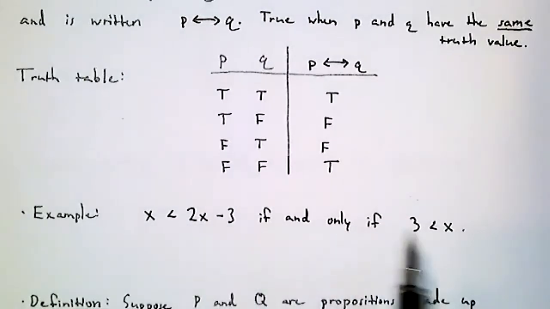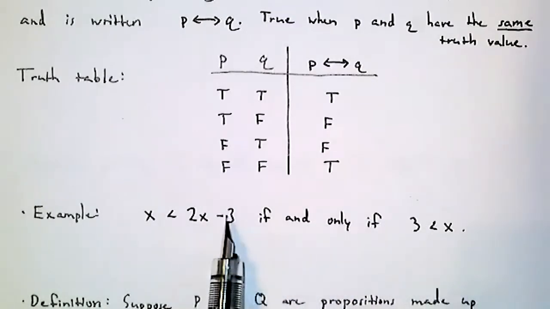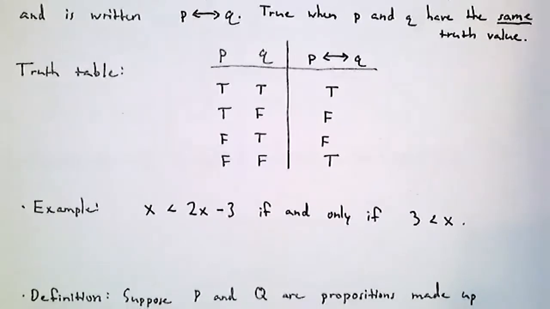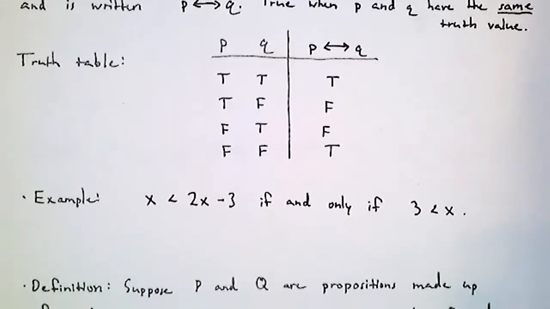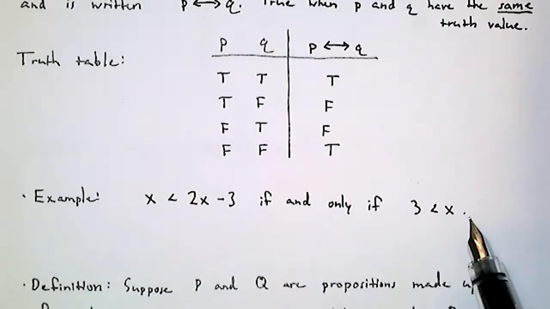So here I have just the same inequality rearranged. I've subtracted x from both sides, and I've added 3 to both sides. And both of these have the same truth value all the time. No matter what value of x I put in, both of these are the same because they're just rearranged.